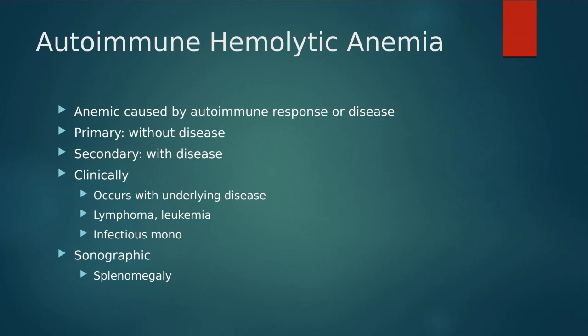We're getting a little bit into that deeper specification of these different types and variations of anemia, so try not to look into it too much. Just know that primary autoimmune hemolytic anemia is from an autoimmune response, and secondary would be from some type of disease. Clinically, it's going to occur in patients who have some type of background history with either an autoimmune response or disease, patients with lymphoma, leukemia, infectious mono, and on ultrasound, we are going to see an enlarged spleen.